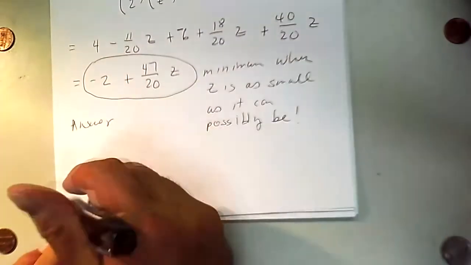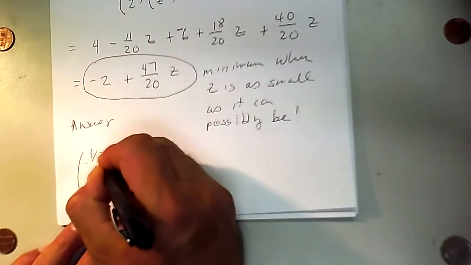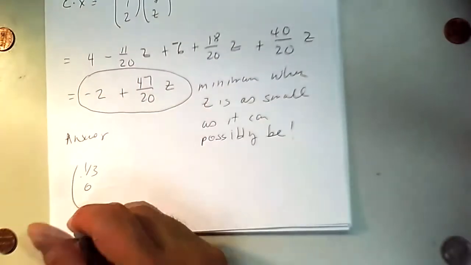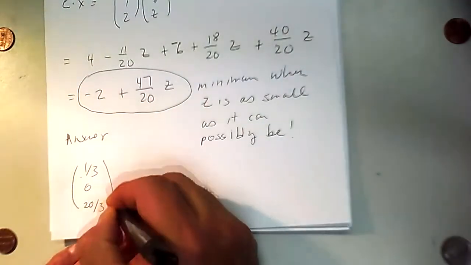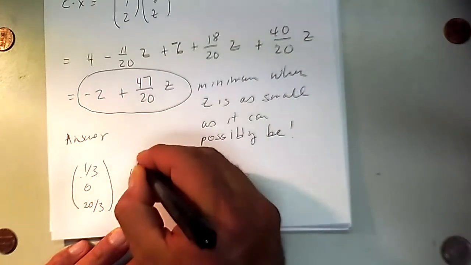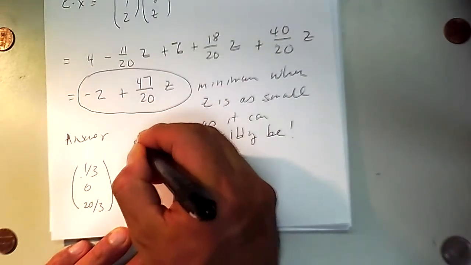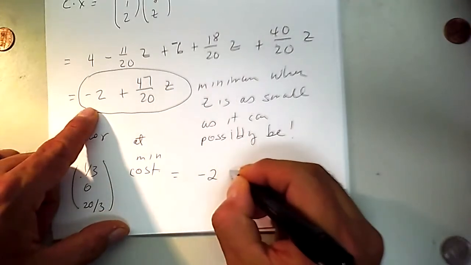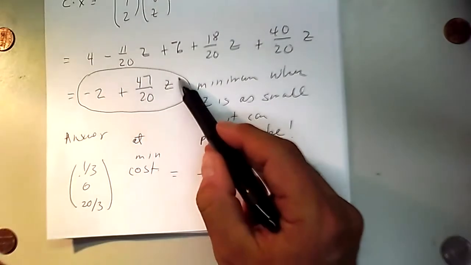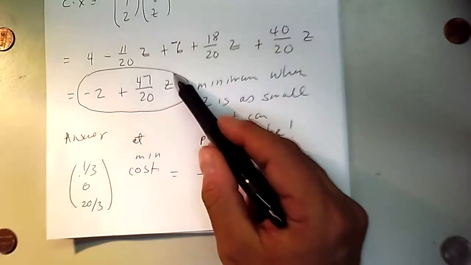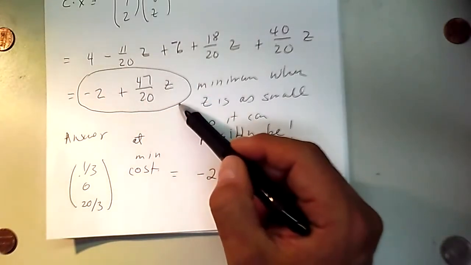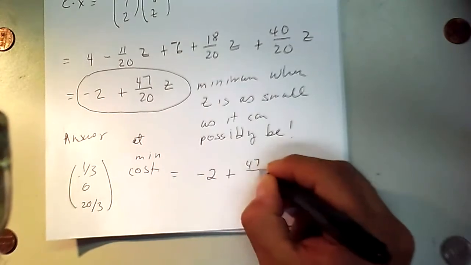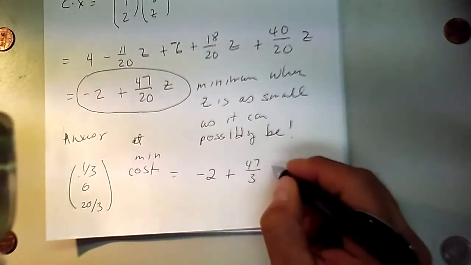The answer is still 1/3, 0, 20 over 3, and the minimum cost is negative 2 plus, if we plug in 20 over 3 for z, the 20's cancel, 47 over 3, minus 6 is 41 over 3.